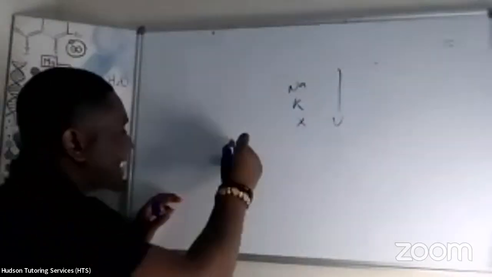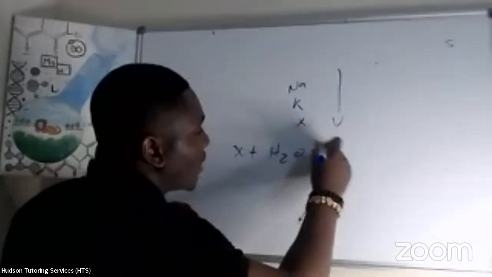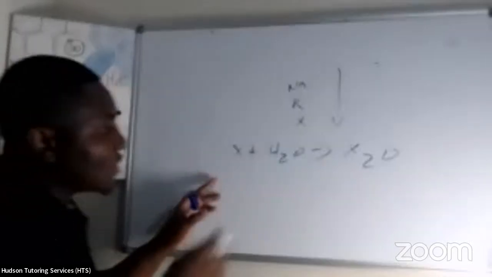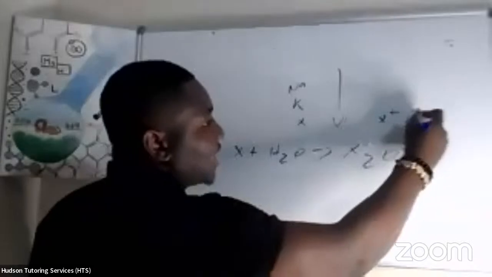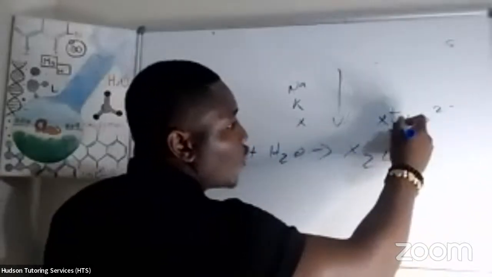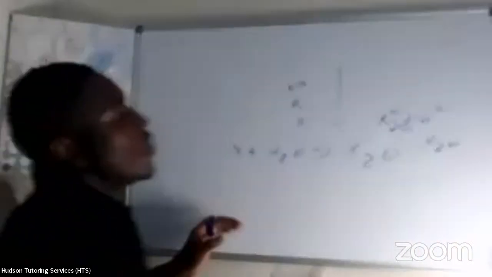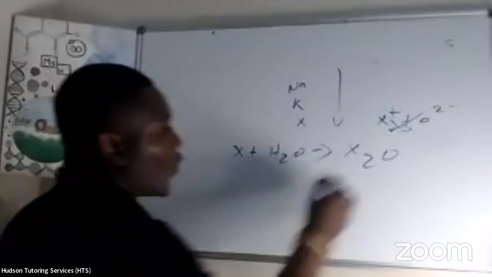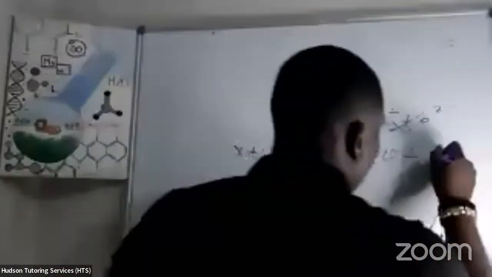Now, if X is in group 1, when it reacts with H2O, it's going to form X2O. Why? Because X will have the charge of plus one, and oxygen is O2 minus. So when you swap their valencies, the formula will be X2O. So it's X plus H2O to form X2O plus hydrogen.